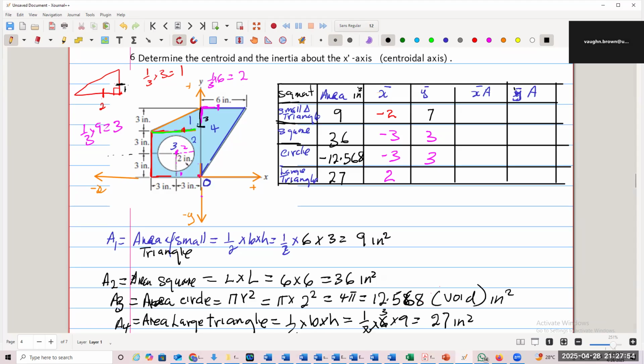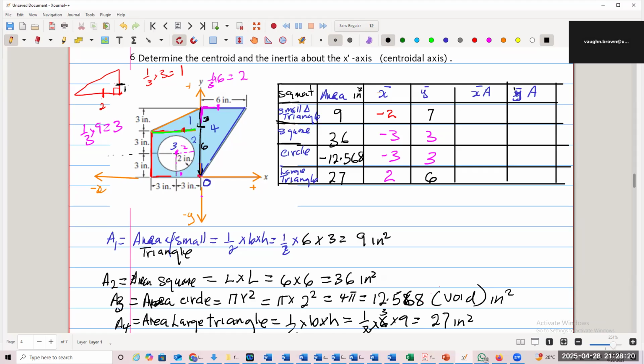Say 3 drops somewhere about here. So 3 from 9 gives you how much? So this is 6. So that distance coming down is 6. Who disagrees? Everybody agree? Yes, sir. Good.